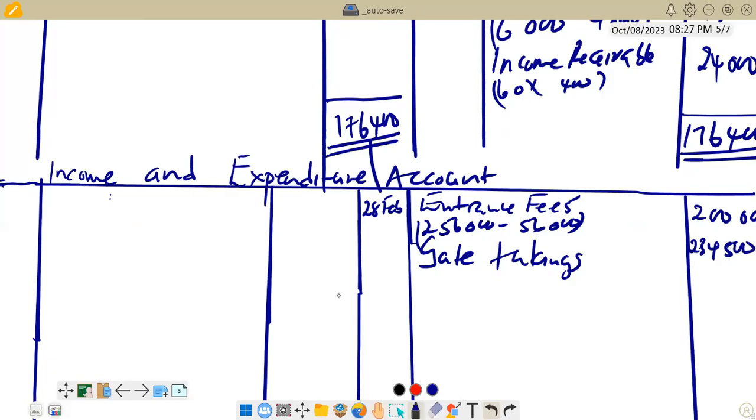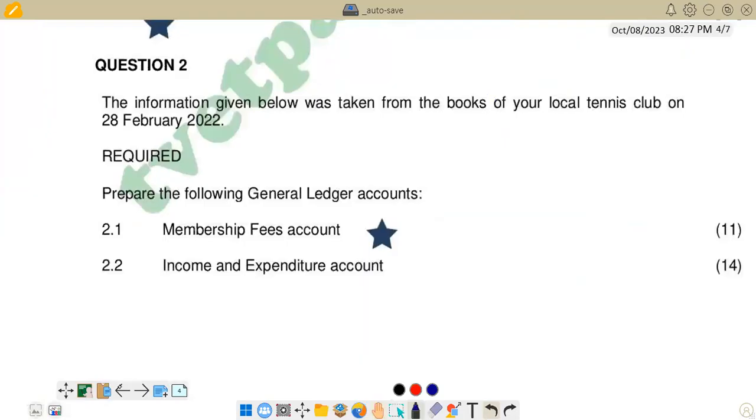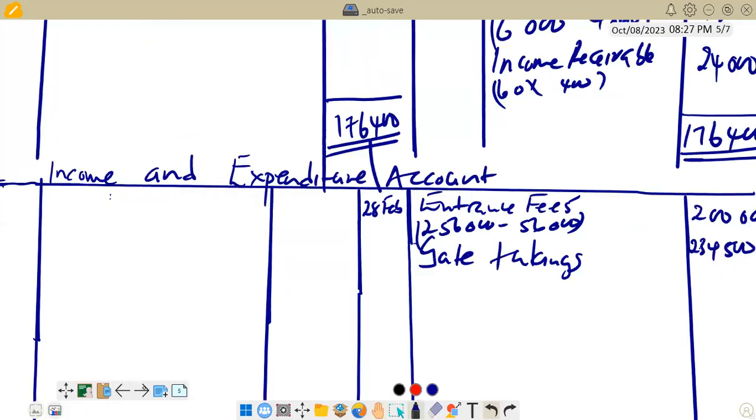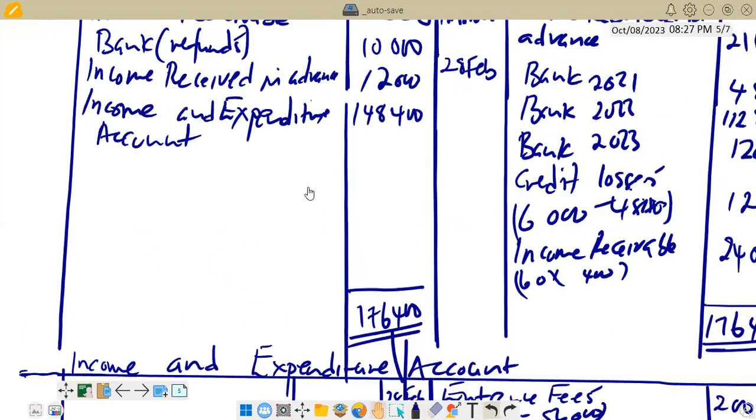Right. Still on receipts, to check again if we have got any other amount. Remember, we calculated the one for membership fees also, and we said membership fees is an income. So that balance that we got, we are going to input it under income and expenditure. The balance that we are talking about is here.